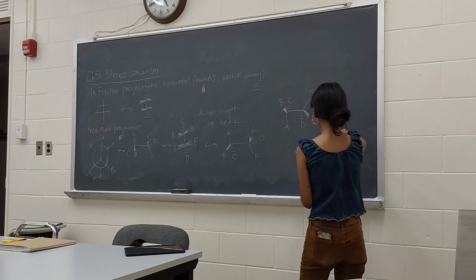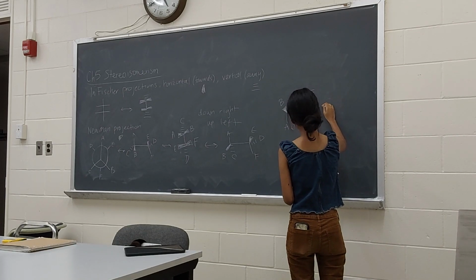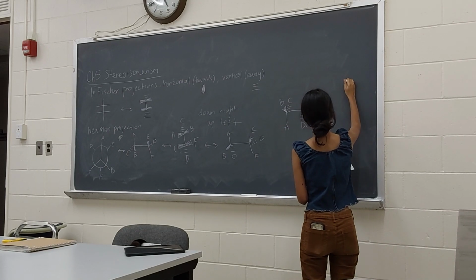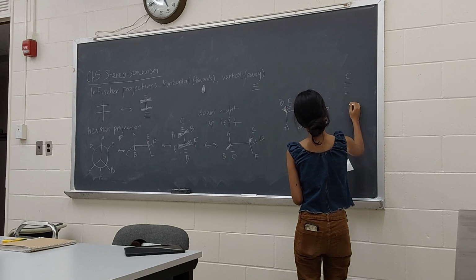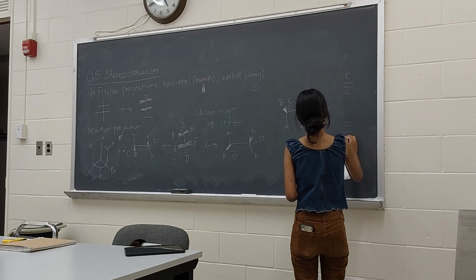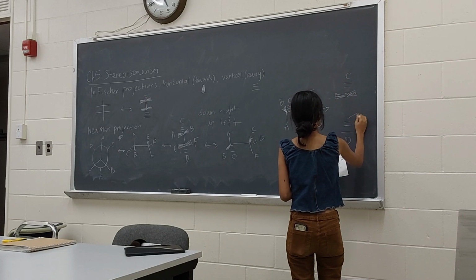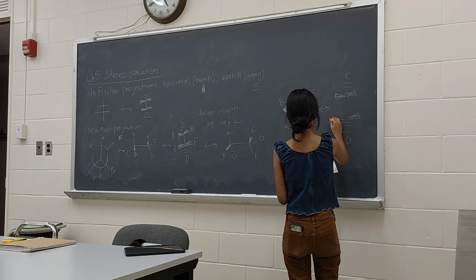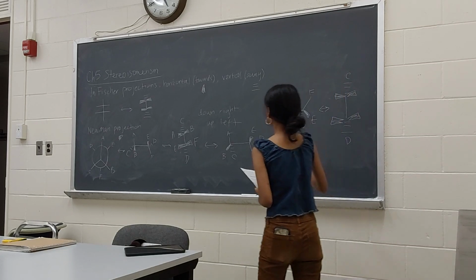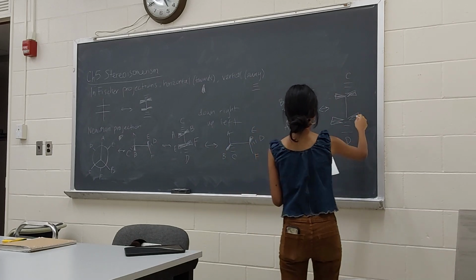So if you're given this instead, again, C and D go on top because they're on the dashes. And then the ones that are down will be on the right.